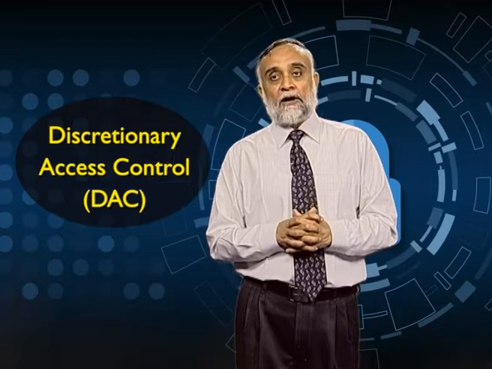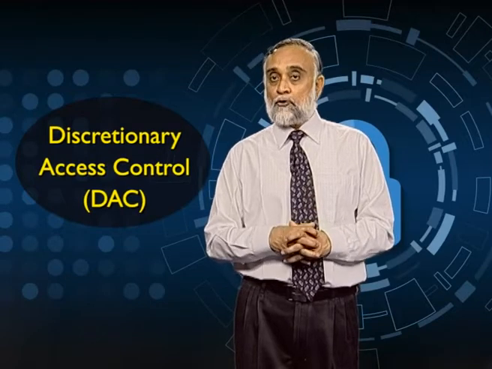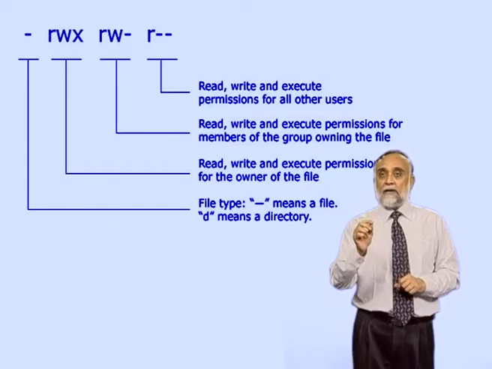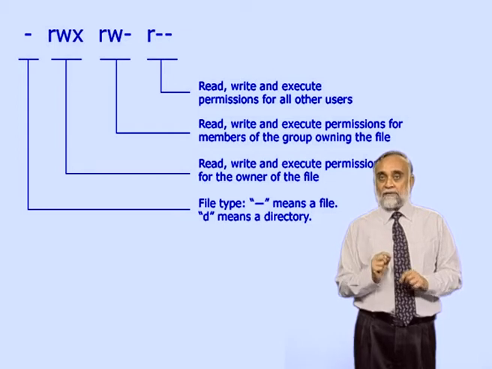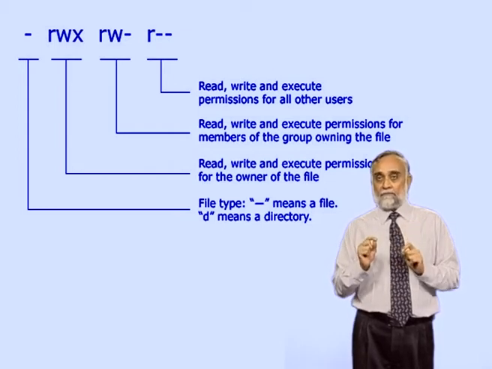The other method, that is discretionary access control, DAC, refers to an individual's access control mechanism that allows or denies access to an object. For example, initially the access to a file was having only read.